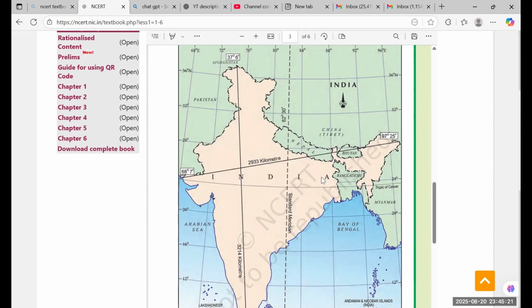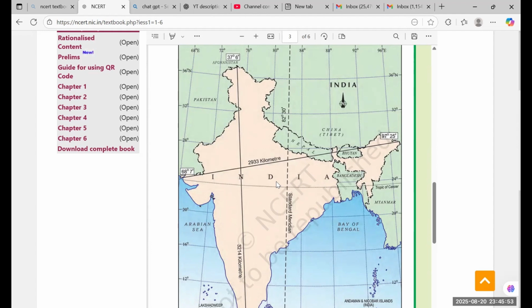It is primarily because 1 degree longitude is taken as 111.3 kilometers, whereas 1 degree latitude is taken as 111 kilometers. So this is the basic reason for the difference in distance in kilometers and in degrees.